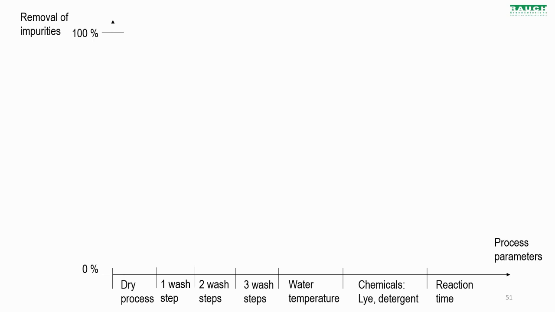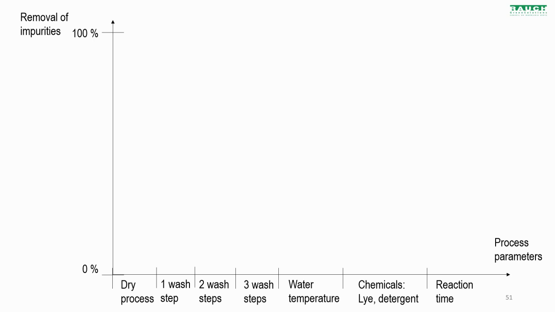If you have very dirty clothes from soccer, from football, whatever, you need more. You really need the hot temperature. Same thing with the detergents, the lye that you can put into such a hot wash process. The dirtier it is, the more detergents you would need.